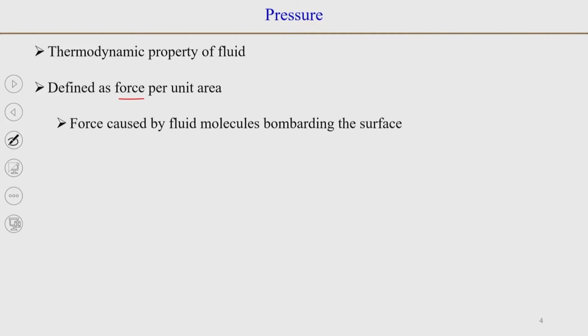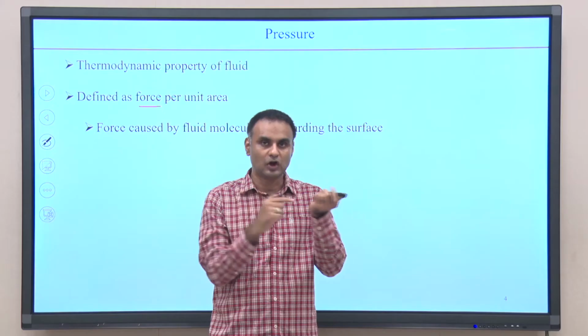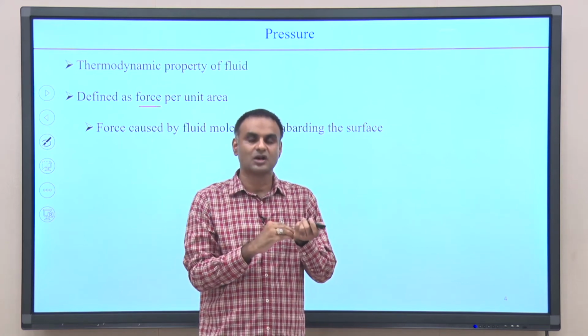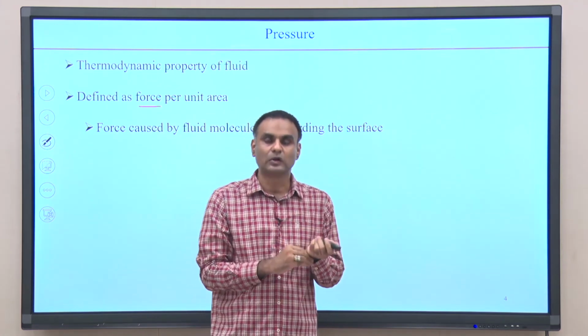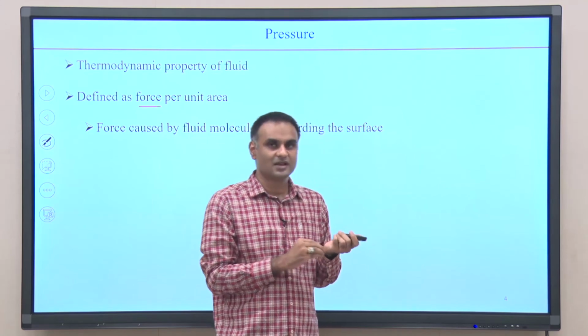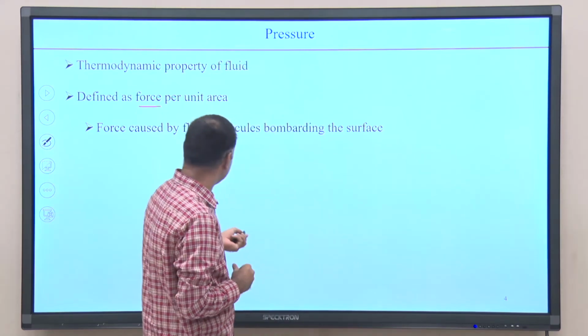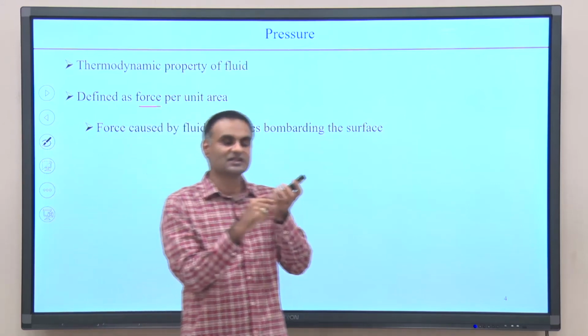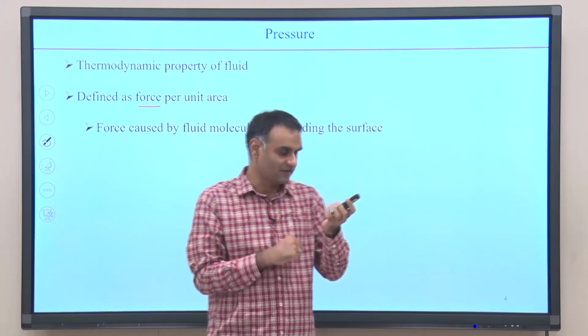Of course, the net force will be normal to the surface. That is why the pressure force always acts normal to the surface on which it acts, and it is a compressive force. It is acting on the surface, not away from the surface.